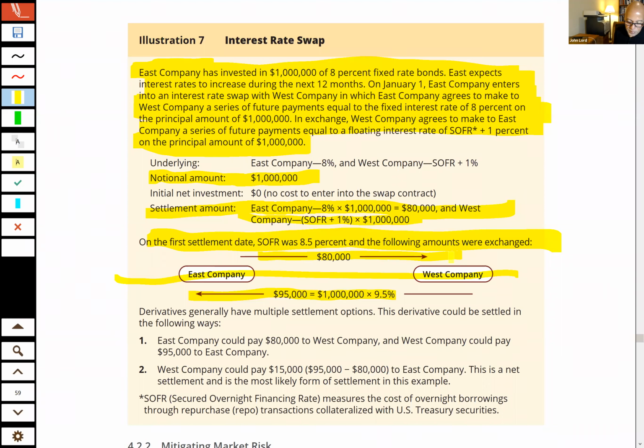Now, it's interesting to me here in that they look at this and it's like, well, who's right? I guess in this first example, East Company was right, but what would happen if the SOFR plus 1 was lower than the 8%? Then it would have turned out that West Company would have been right.